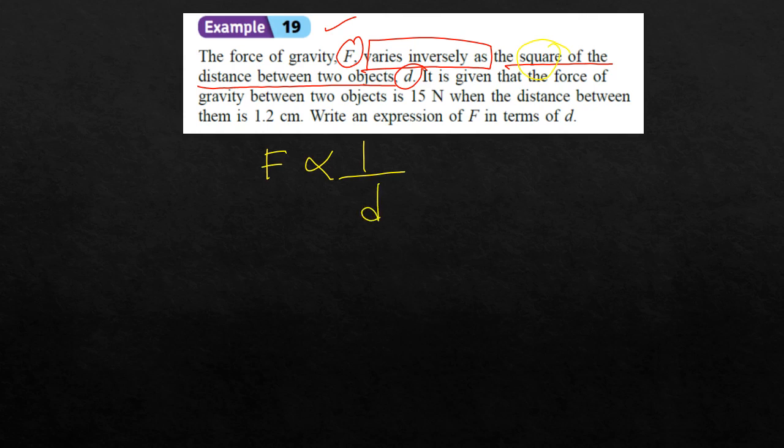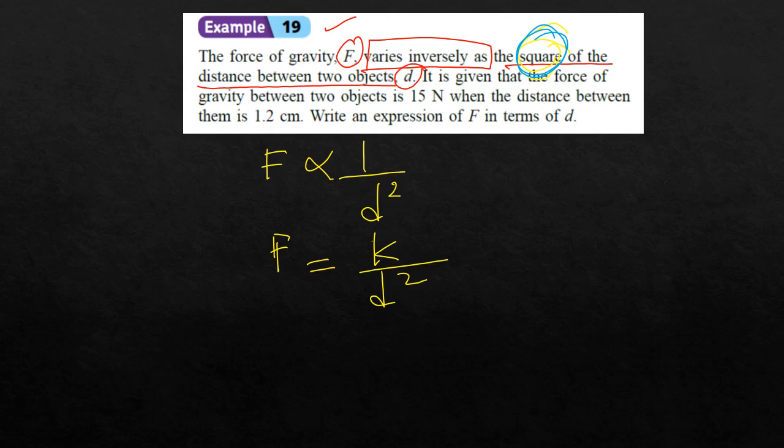So this is d square, because the square is stated here. So you change it into equation, F equal k, better write it properly, k over d square.